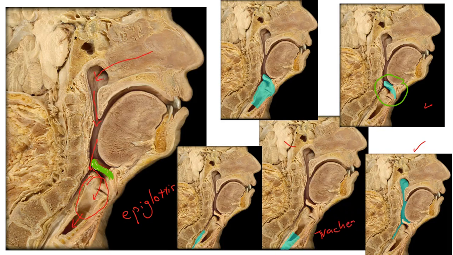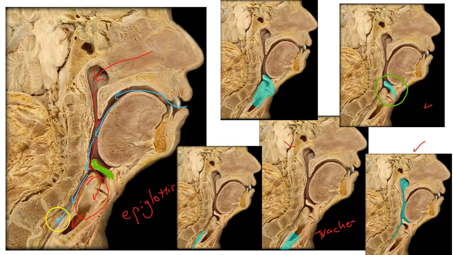Okay, what about the food? So food goes to the oral cavity and then to the oropharynx and then to the laryngopharynx. During swallowing, the epiglottis closes the entrance of the larynx, then food goes to the esophagus. So here we have esophagus.